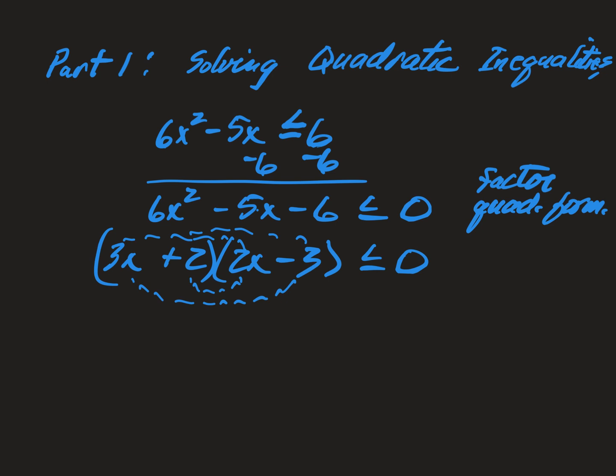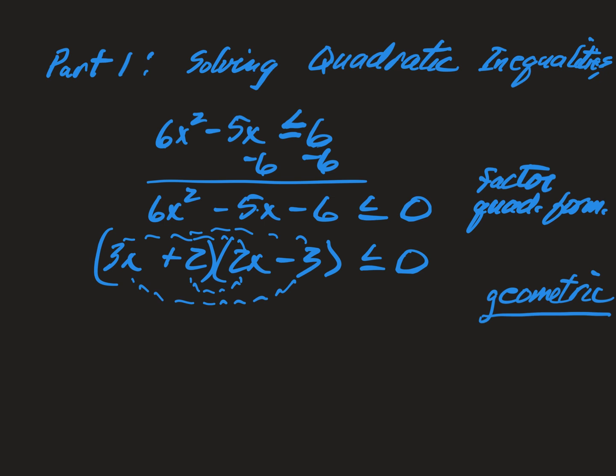Now, it's at this point that the problem begins to deviate. And we need to then gain a geometric understanding of what solving an inequality is really doing. So, before we finish this problem, let's go back to the original problem.